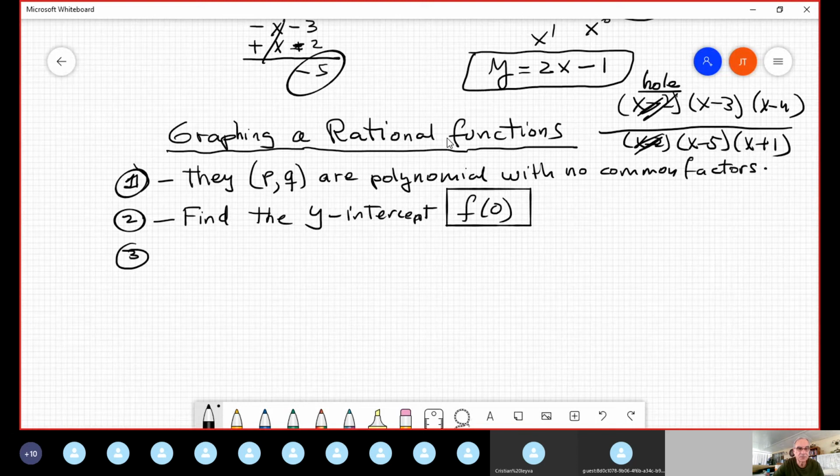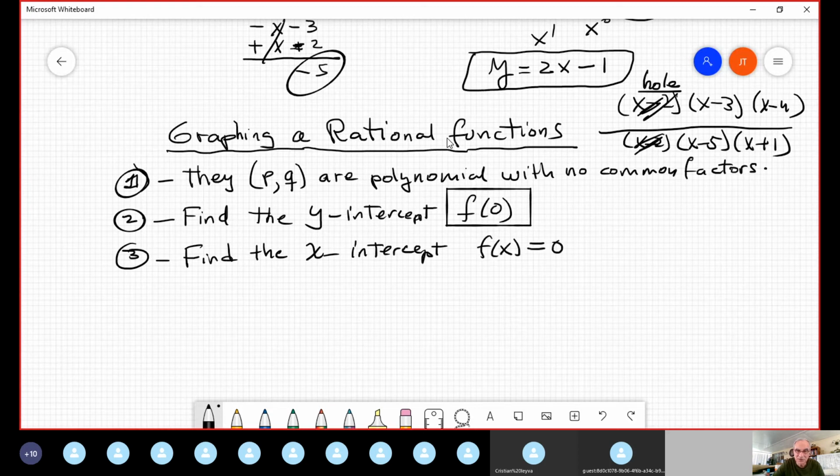Number 3 is find the x-intercept. And the x-intercept, the formula is f of x equal to 0. So the 0 is now in the y value, not in the x value. But specifically in the rational expression, it is p of x divided by q of x equal to 0.